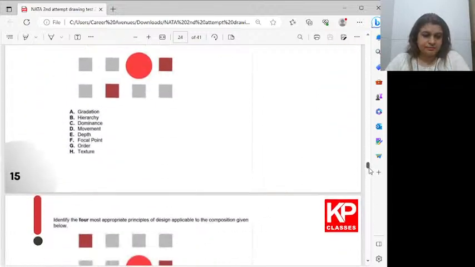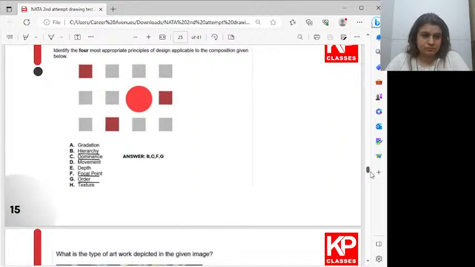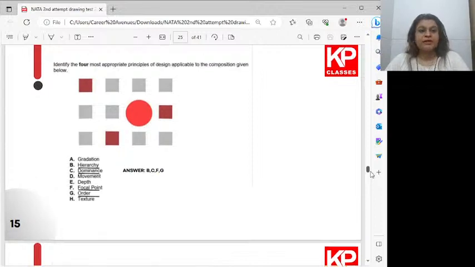Next is, identify four most appropriate principles of design applicable to the composition which is given over here. So we have hierarchy, dominance, focal point and order. Now, why do we have hierarchy?